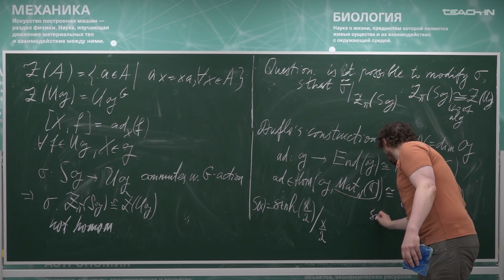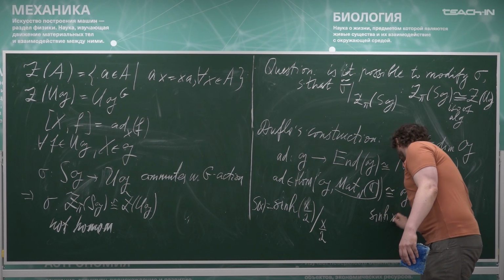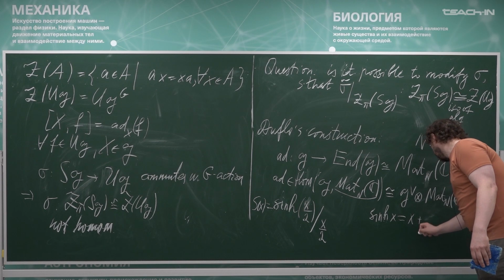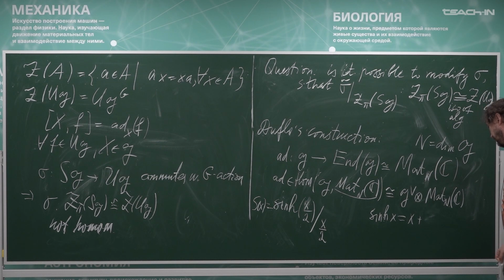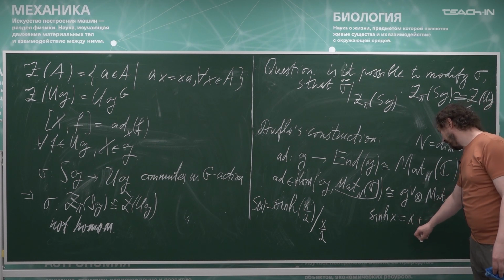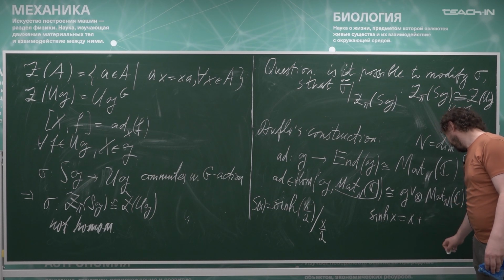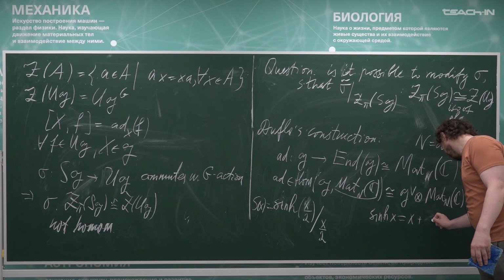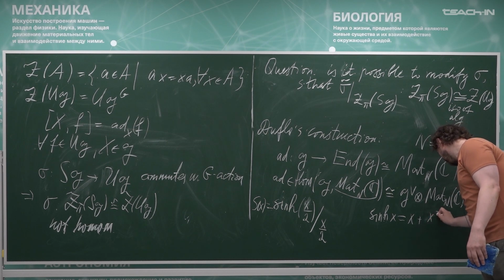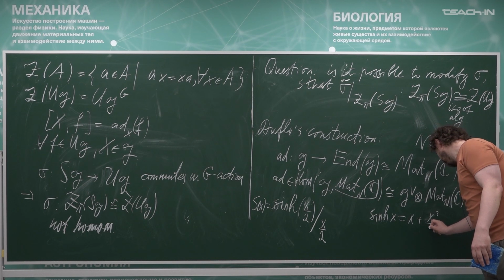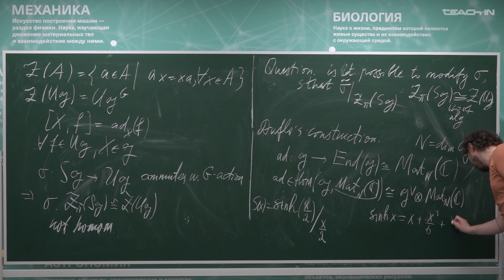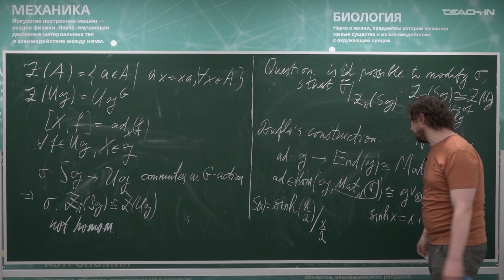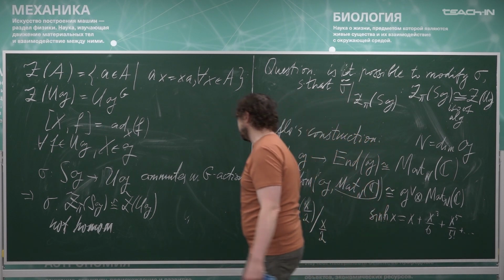Sinh of x is x plus, I believe, x cubed divided by 6, and so on. In general, it should be x to the 5 divided by 5 factorial and so on. So you can divide it by x formally, and that gives you a formal power series on the left.